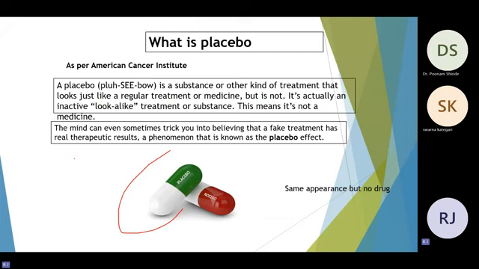So to cancel out that psychological effect, we use this placebo drug. For some subjects we will give the placebo, for some subjects we will give the actual treatment. Then we'll try to measure the real outcome. That's why we use a placebo in a clinical trial.